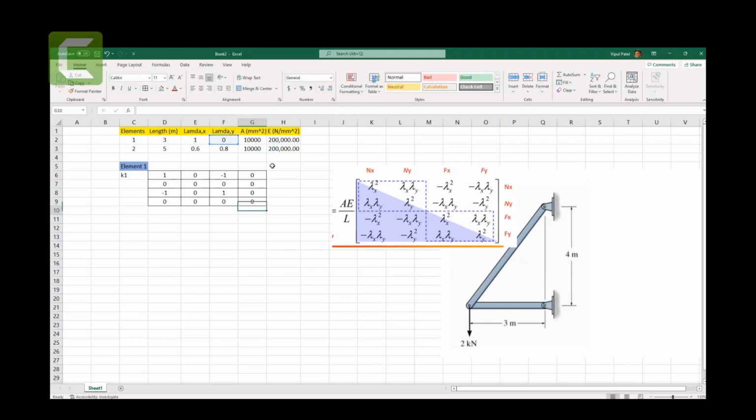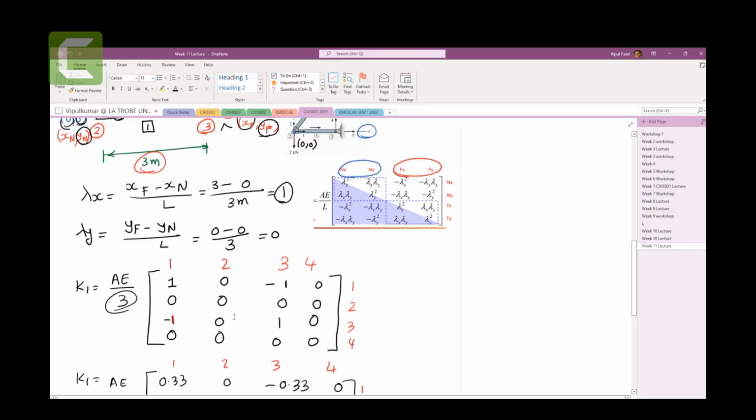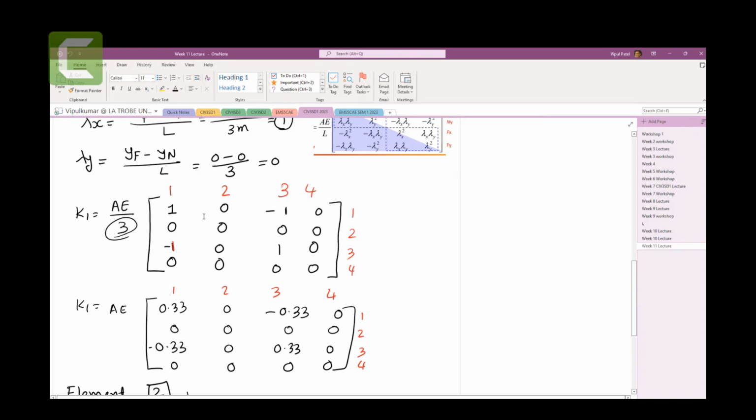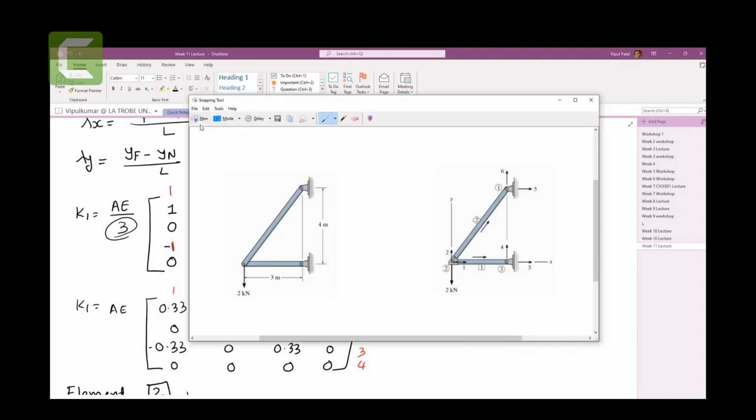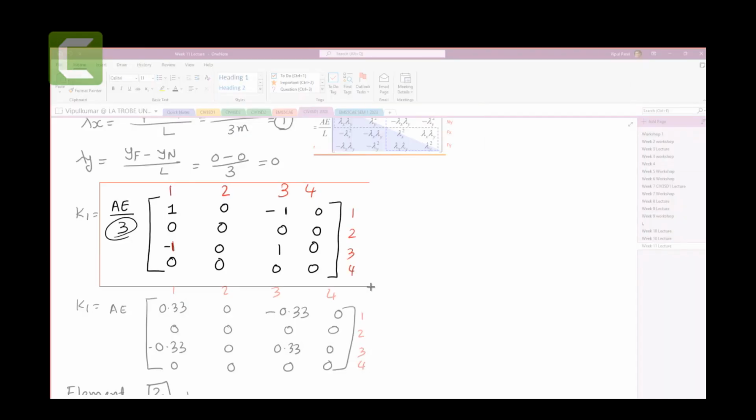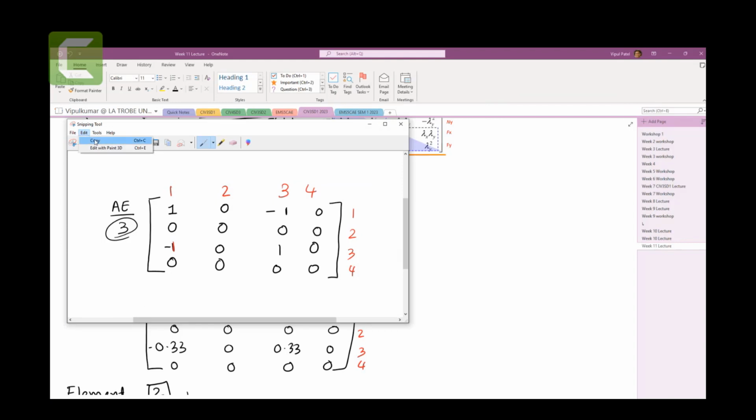If you compare with our calculations, you can see 1, minus 1, 0, 0, 0, 0, minus 1, 0, 1, 0. That is perfectly matched, right? I can copy these for you and see if it is matching or not.